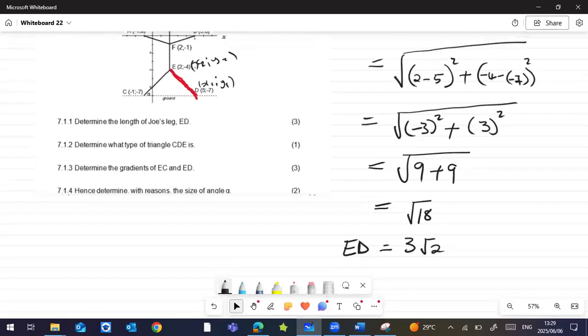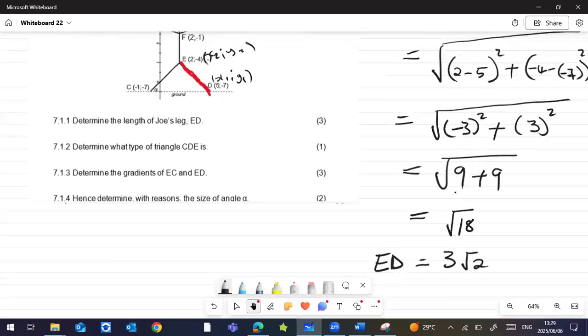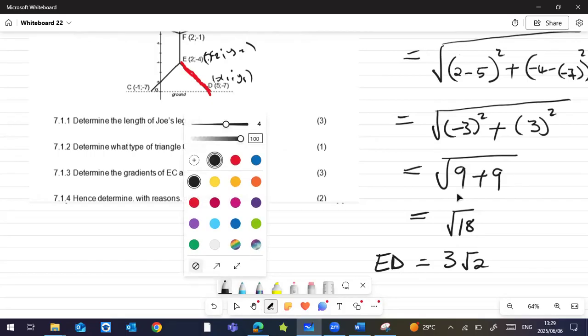Now, we need to look at the next question. Here they're saying, determine what type of triangle is triangle CDE. We want to know what type of triangle CDE is. Now you'll realize that we are looking at this triangle CDE.